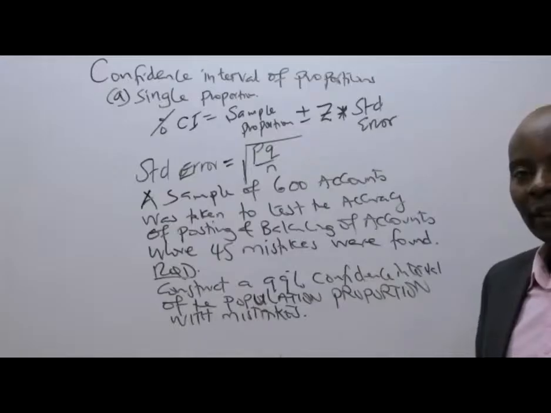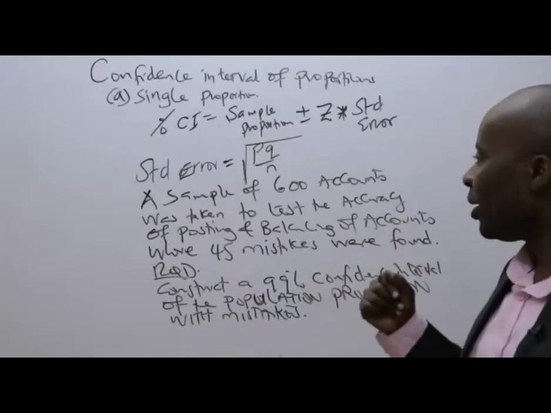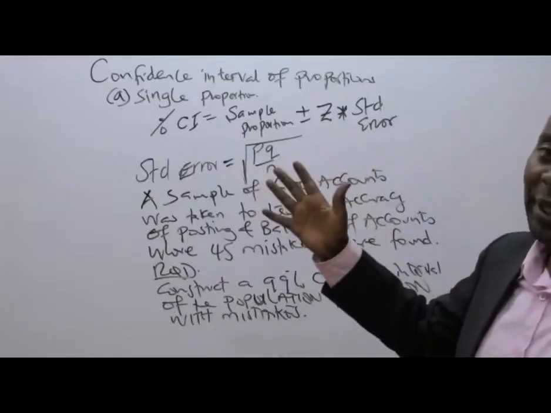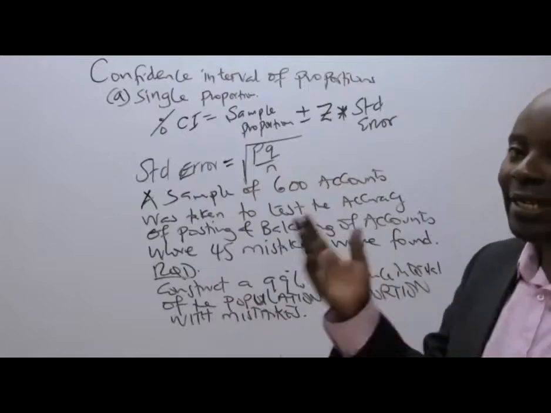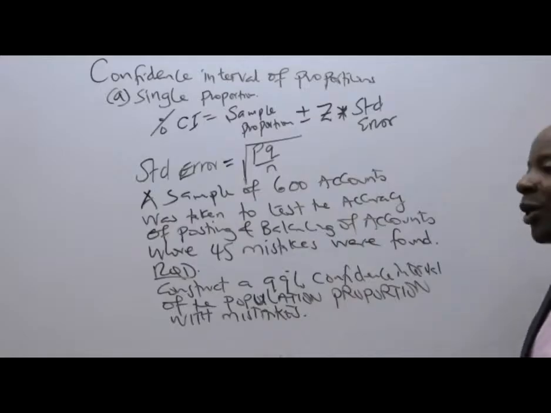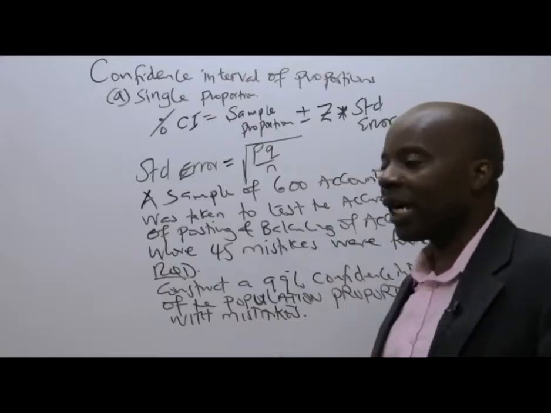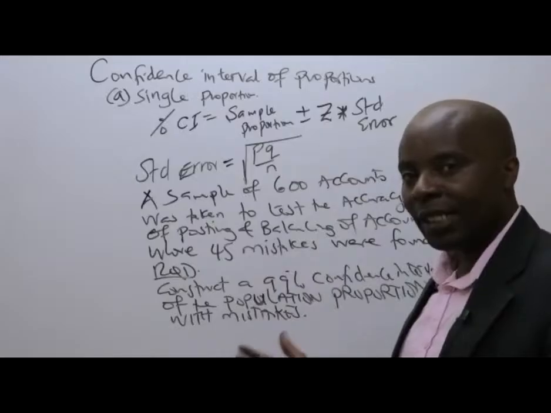Now, ladies and gentlemen, we have here a sample. We could be a big company and we happen to have so many ledgers. But of course, we can't go looking at the entire thing. We can't carry out a census. It'll be very expensive. So here what we have done is take out a sample of 600 accounts.